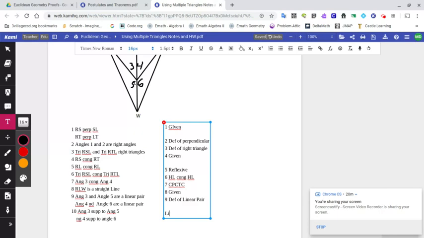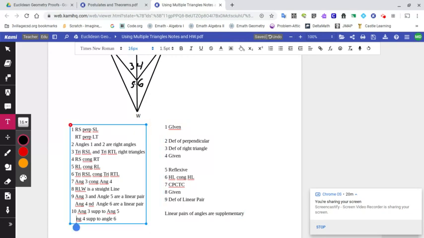Linear pairs of angles are supplementary. So angle 3 is supplementary to angle 5, and angle 4 is supplementary to angle 6.